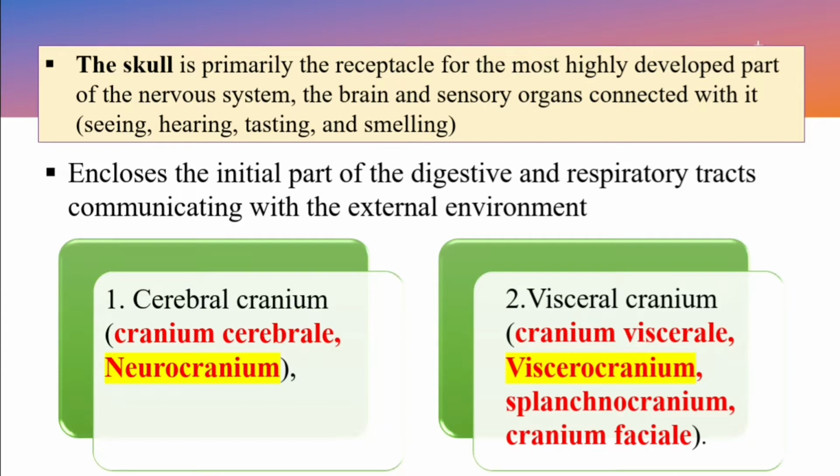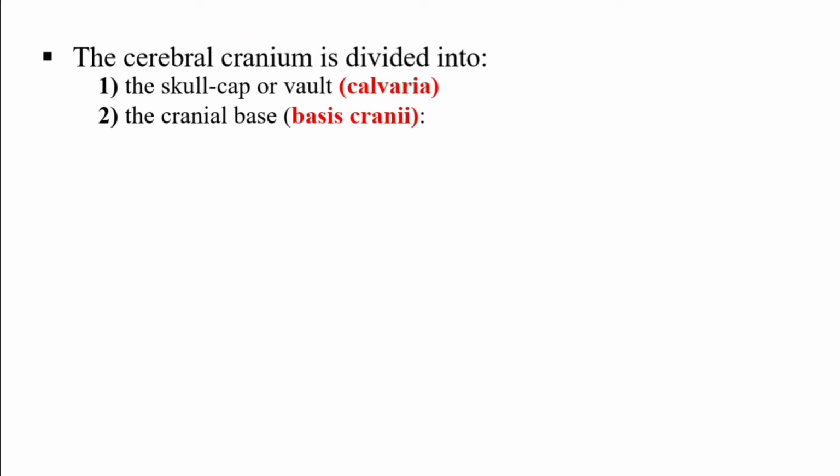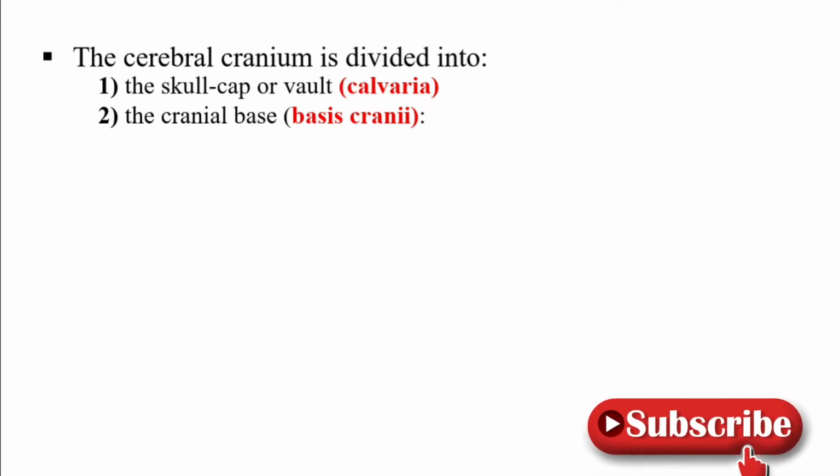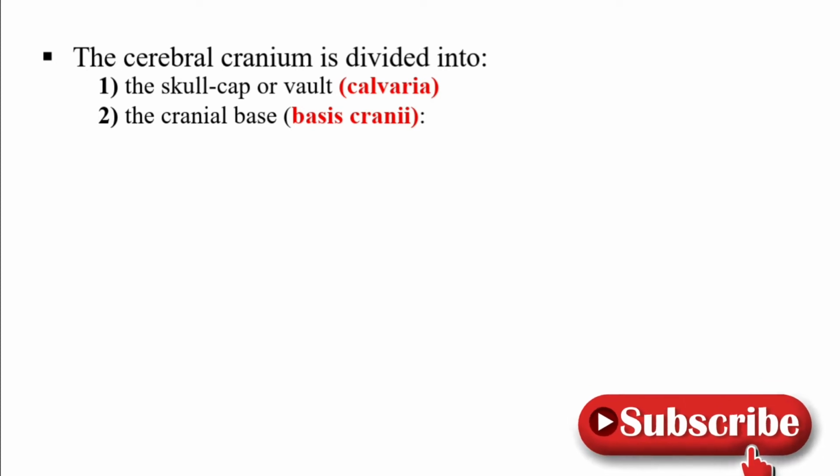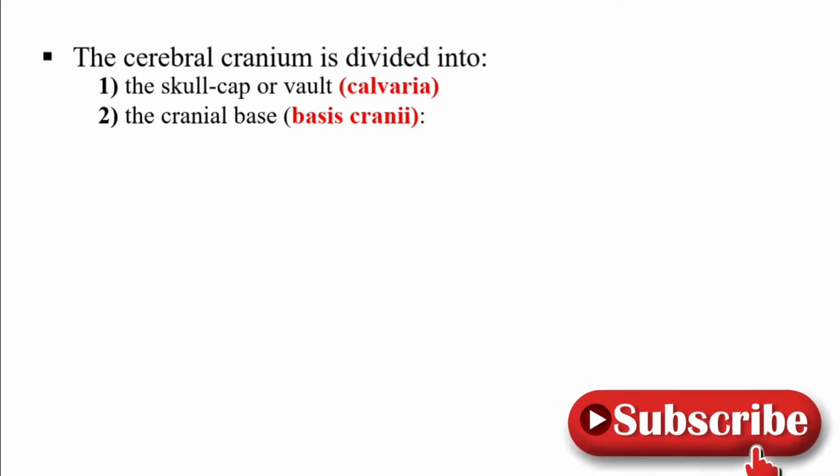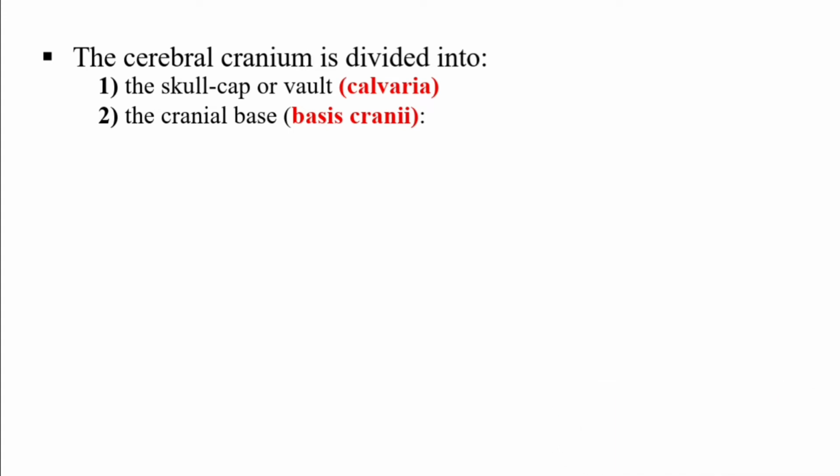All right, so let's talk more about the cerebral cranium. It's divided into the skull cap or the vault, the Latin name calvaria, and the second part is the base of the skull. It's called basis cranii. This base of the skull, you are going to see it as we go on with our lectures.